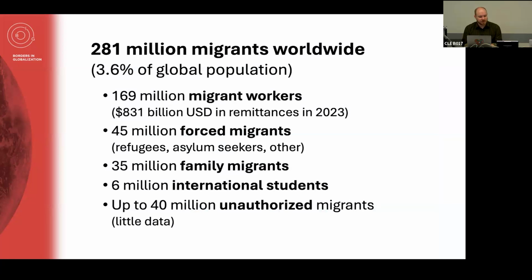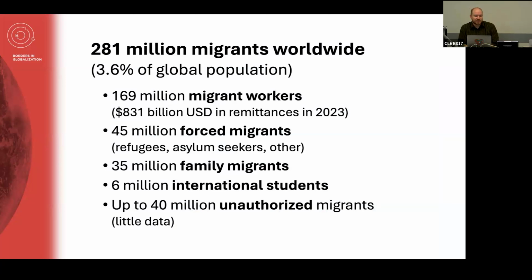To break down that 281 million migrants worldwide, that constitutes about 3.6% of the world's population. So about 3 or 4 of every 100 people in the world is a migrant.